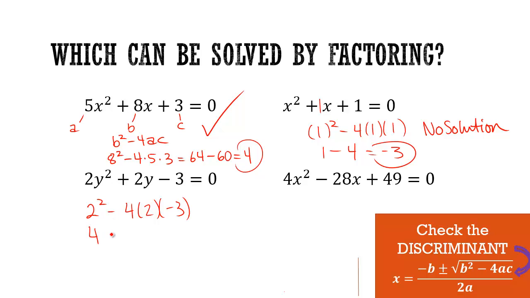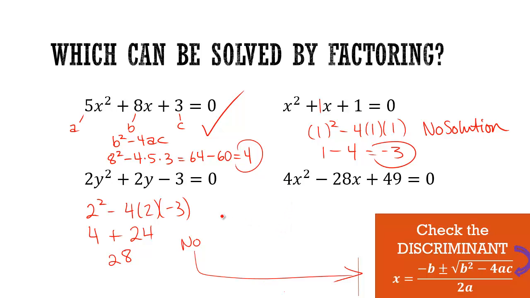And that's going to be 4 plus 8 times 3, which is 24, which is 28. Can we take a root of 28? Yes, we can, but it's not going to be a perfect square. So no, you can't solve by factoring. You need to use the quadratic formula or the completing the square method.